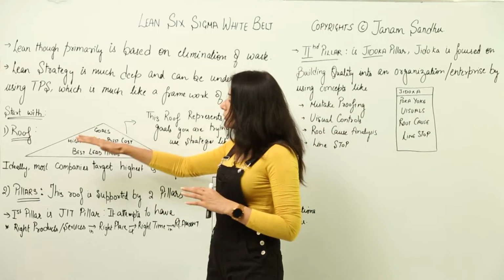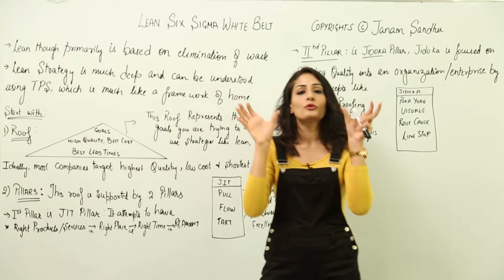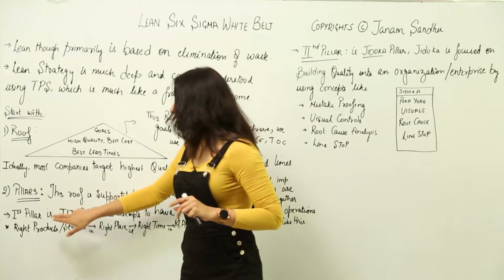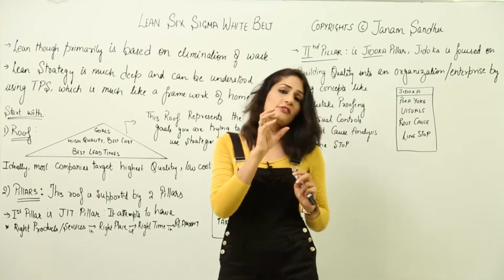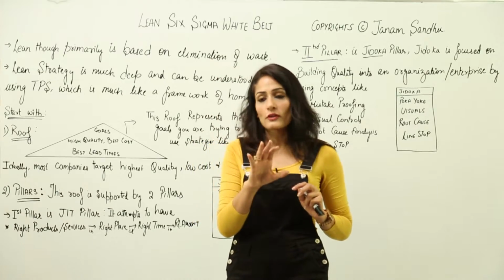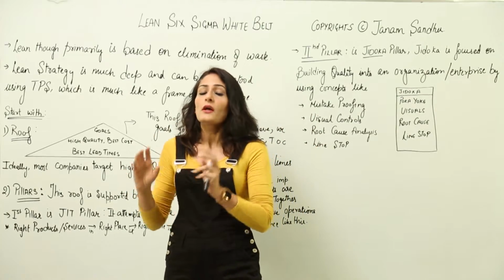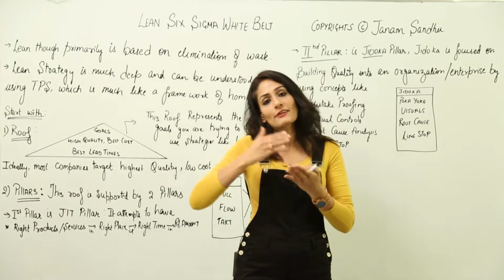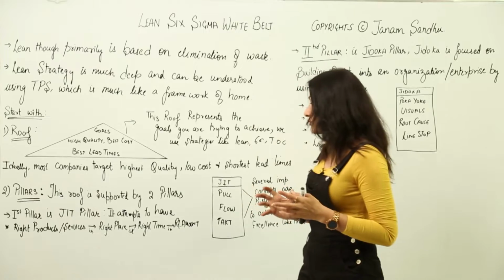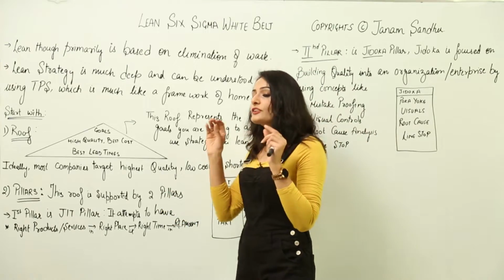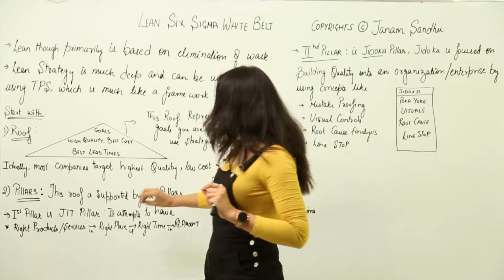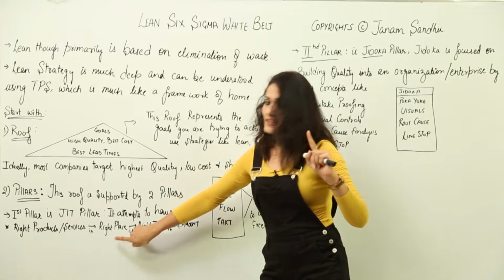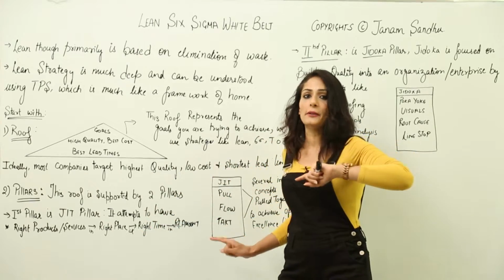Now, this roof is based on two pillars. You are placing this roof on two pillars, and the first pillar is just in time. Just in time is a very important concept. Though it looks very simple, to get this into your organization and have it working efficiently needs lots of effort. What just in time attempts is to get your right products and services in the right place, at the right time, in the right amount.